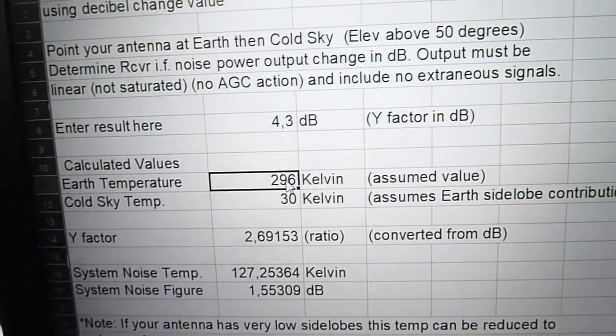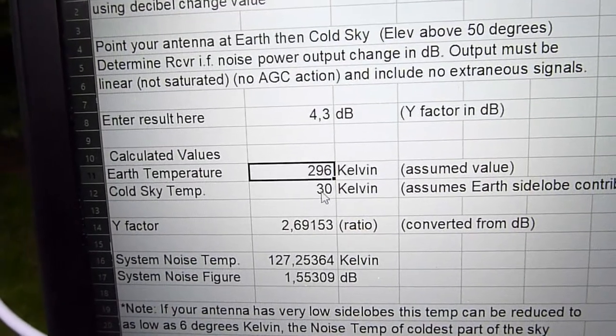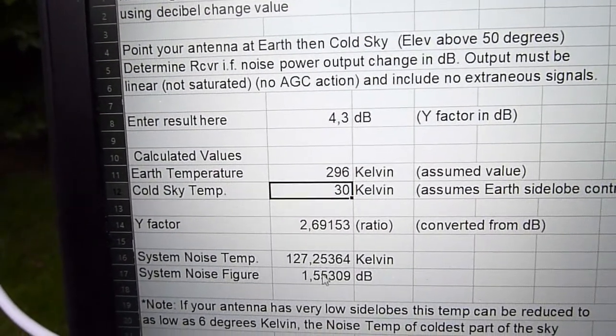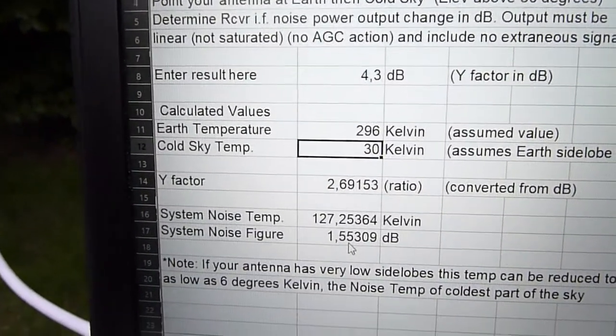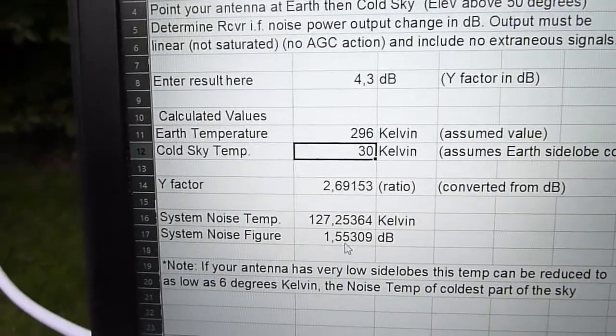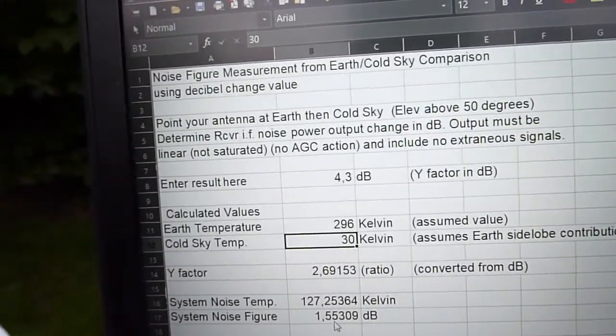You can also plug in a different value here, but I just kept it as it was. And you get the system noise figure here. So about 1.5, 1.6 decibel is the noise figure of this, and that was on the frequency we just measured, which was 10.5 gigahertz.